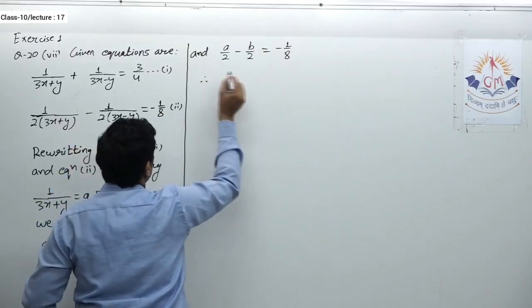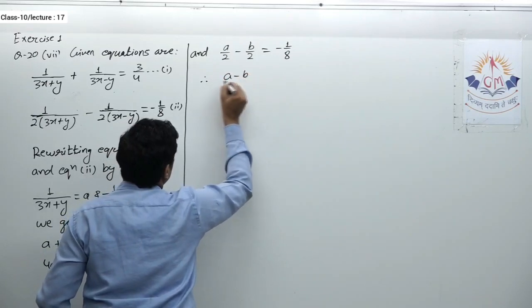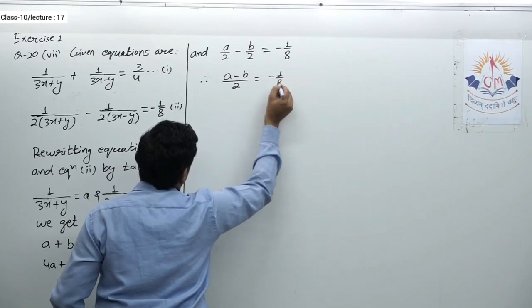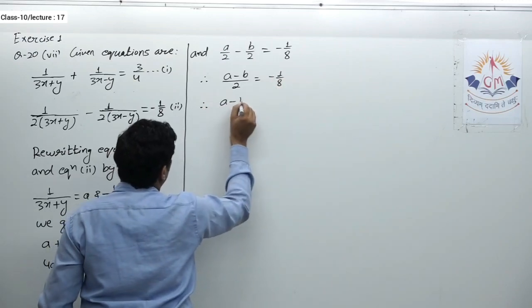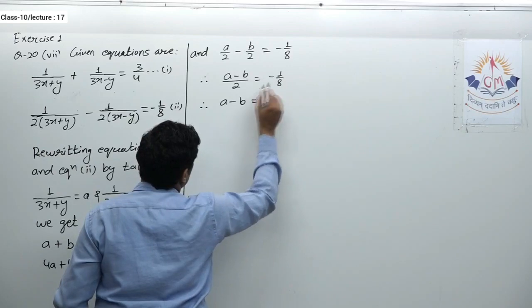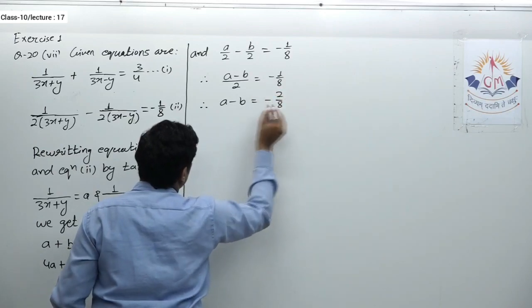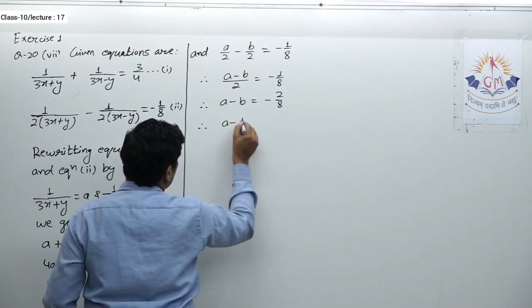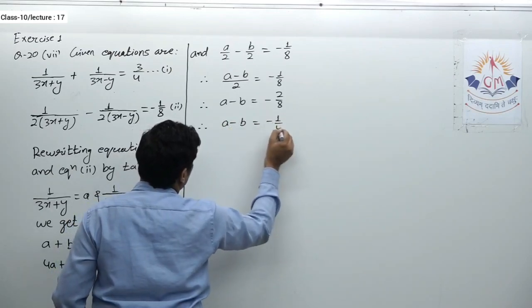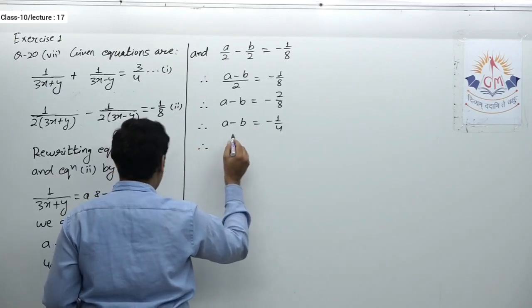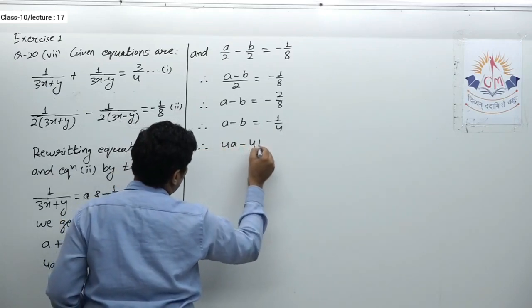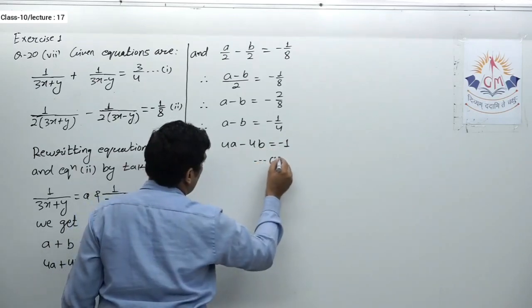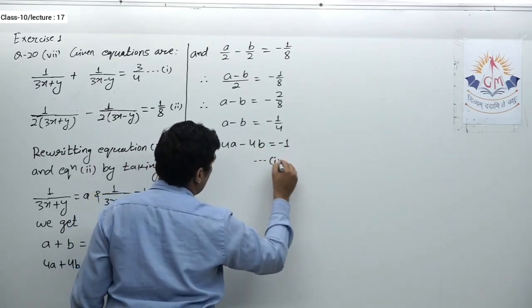So here I do get a minus b upon 2 is equal to minus 1 upon 8, or a minus b is equal to minus 2 upon 8, that is a minus b is equal to minus 1 upon 4, or I can say 4a minus 4b is equal to minus 1. This will be equation number 4.